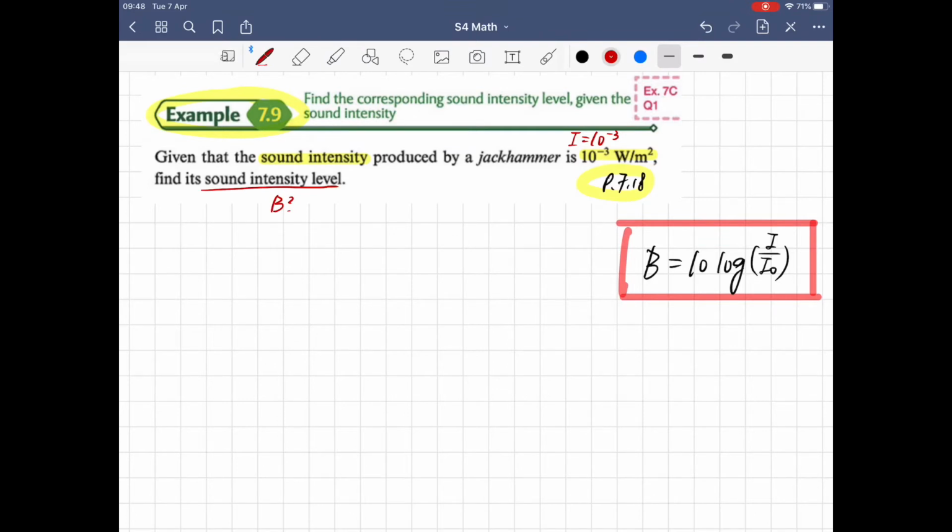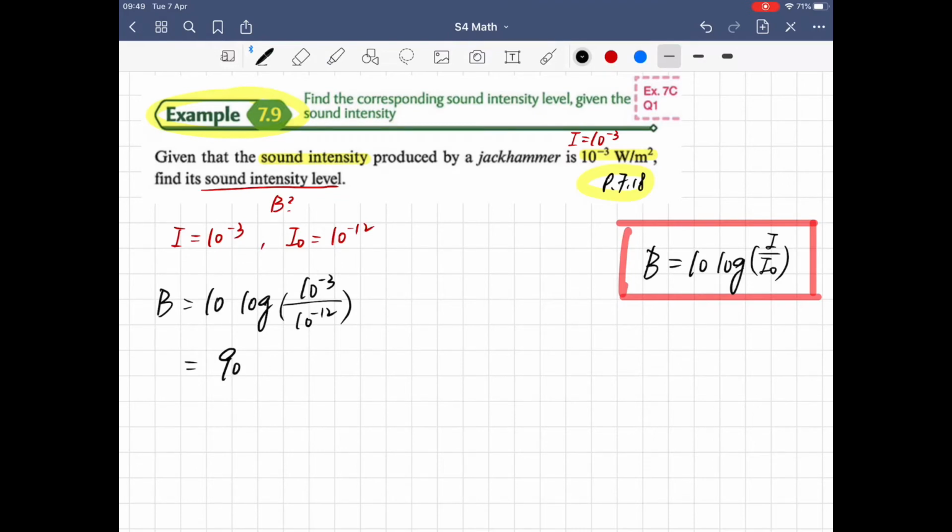Okay, so we know that I is equal to 10 to the power negative 3, and for I log, which is a constant, that is equal to 10 to the power negative 12, then by the formula we can find the value of B. Okay, which is 90.